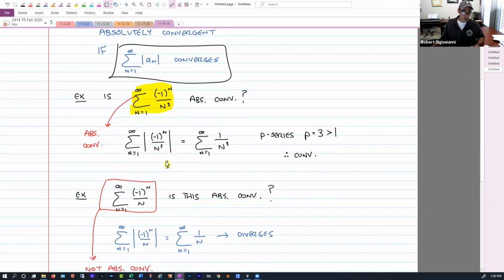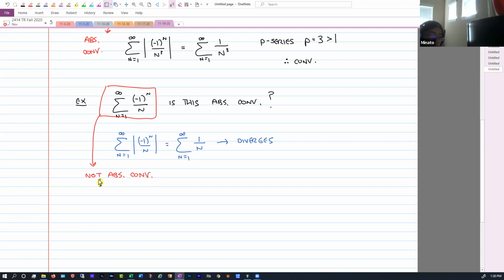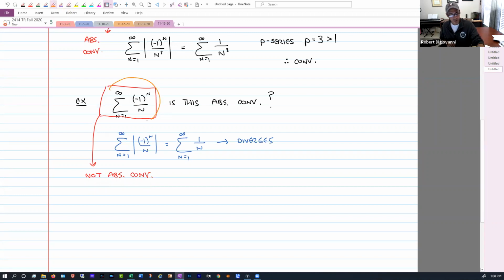So all we can conclude here is that it's not absolutely convergent. So they will ask you if it's absolutely convergent on the test. That would be a specific thing where you have to go and check this. Because here's the thing that's confusing. If you're not already confused, here's what's confusing. Look at this right here, our original series. Is it convergent?